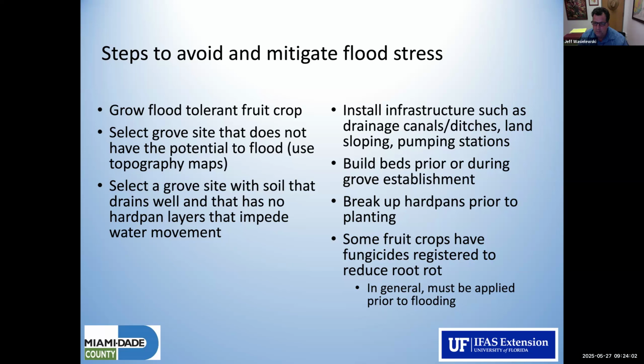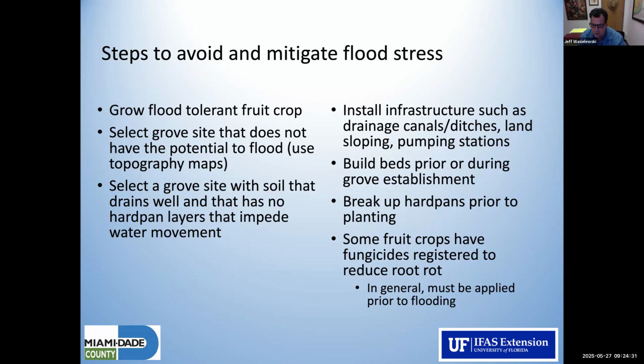Here's something you can do. You can build beds prior to or during grove establishment. This might be something to think about, especially as we get more and more weather events. You can break up the hardpan. So if you do have hardpan, these solid clay type areas under the ground, you can take a backhoe and just break it up a little where you're going to plant your trees.